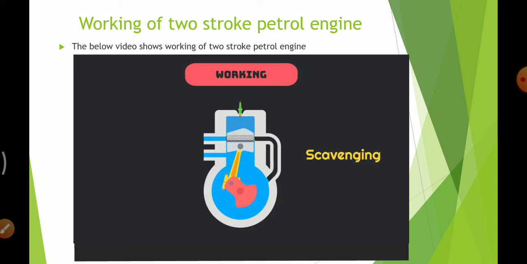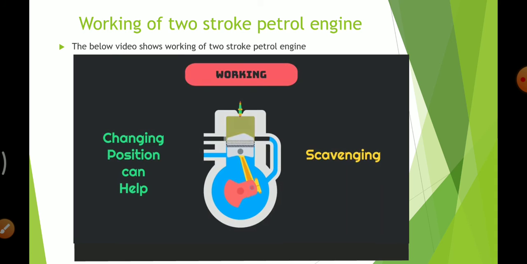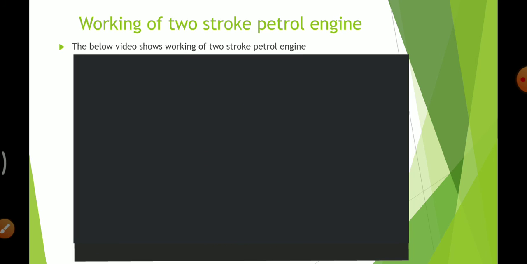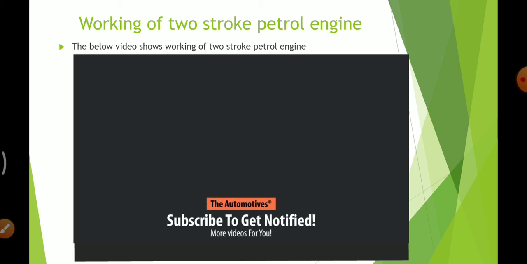In a petrol engine, the mixture of air and fuel enters the cylinder, but in a diesel engine only fresh air enters the cylinder. After compressing, the fuel is injected into the compressed air. In a petrol engine, a spark plug is required to ignite the compressed fuel, but in a diesel engine there is no spark plug.